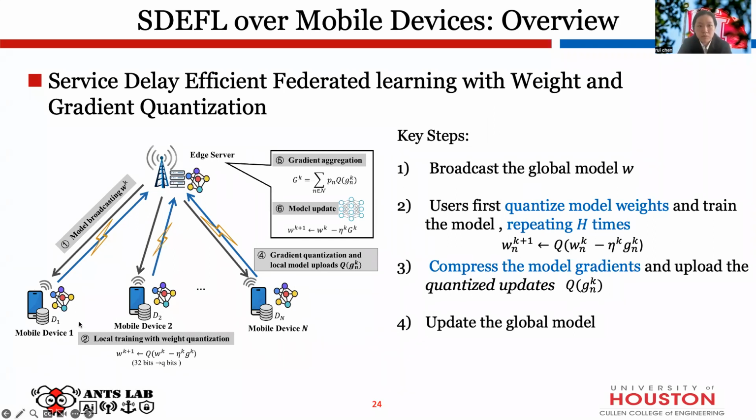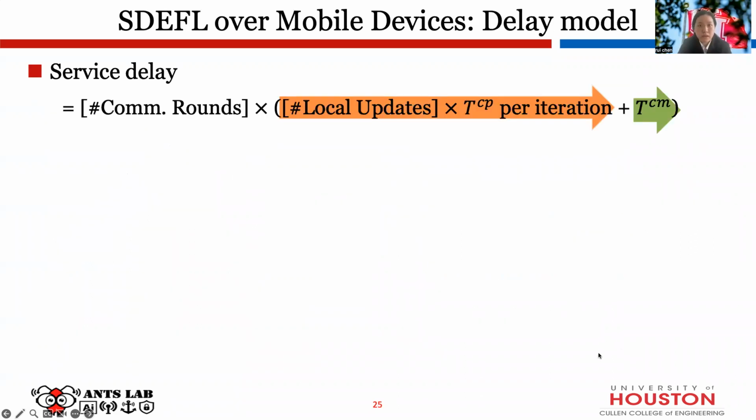Then the device compresses the model gradient and sends the quantized version to the server for gradient aggregation. Next, let me introduce the delay models.